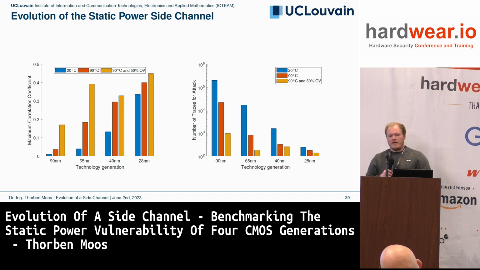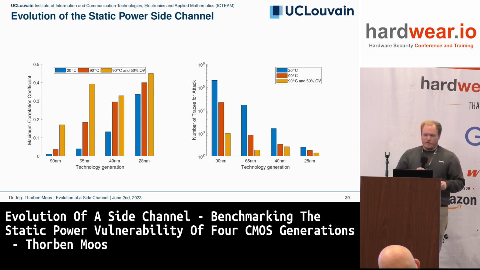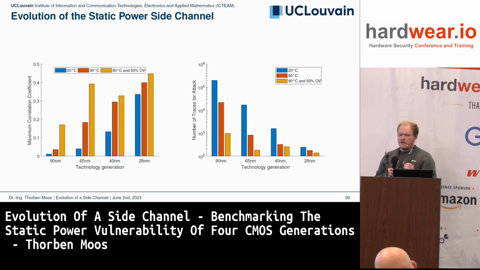And on the right side, we have the number of traces for a successful attack plotted. And here the y-axis is in log scale. So here, the differences for the 20 degrees Celsius case, they actually show that for each of the technology steps, we gain 1 order of magnitude. So we have to have 1 order of magnitude less traces to attack this.